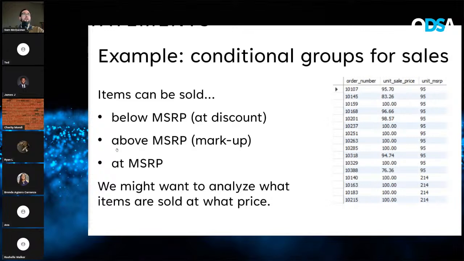And then for discount, if it were below MSRP, if unit underscore MSRP is less than unit sale price, then discount, else, no, right? Nothing. Because there's no difference.